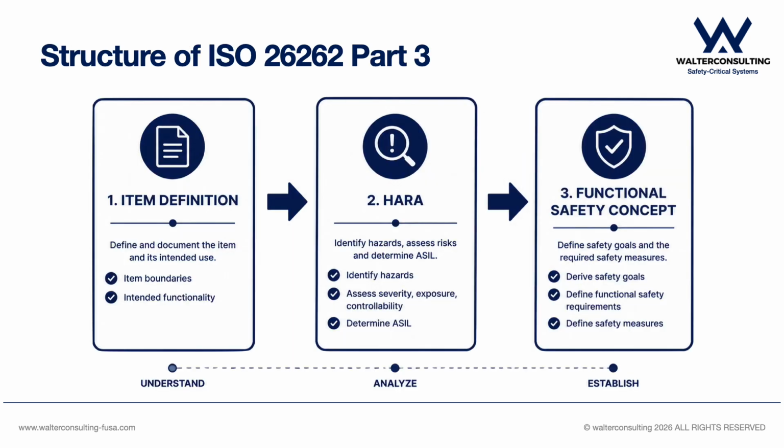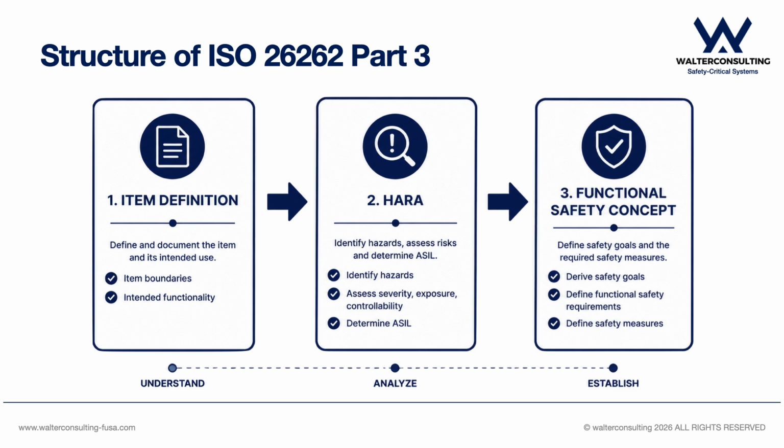The concept phase consists of 3 major activities. The first activity is the item definition. The second activity is the hazard analysis and risk assessment, often called HARA. The third activity is the functional safety concept. These activities build upon each other. The item definition provides understanding of the system.